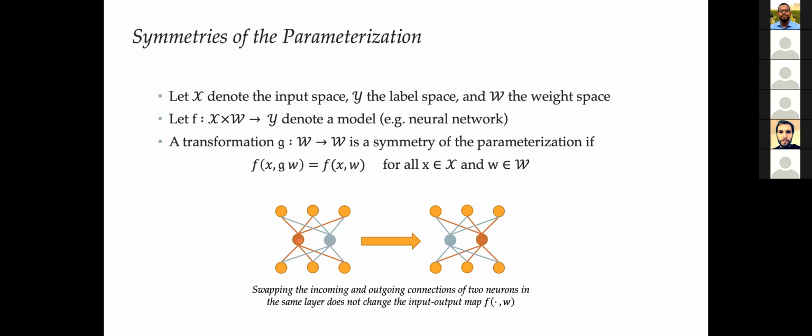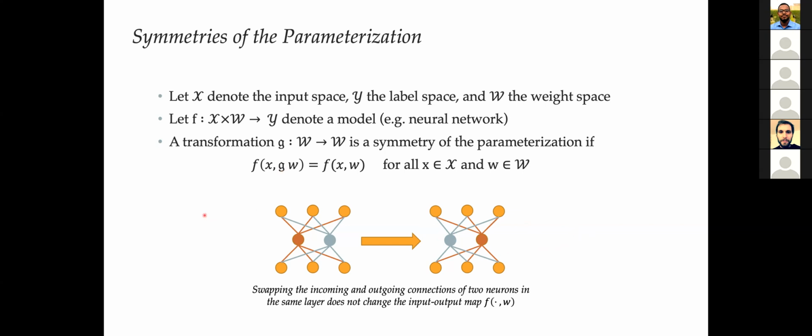We can permute the neurons within a single layer, and you can see that this will leave the result unchanged because the final outputs are computed by adding over all the input connections, and then the order of the inputs doesn't matter. So you can permute the hidden units, and it won't change the function being learned.